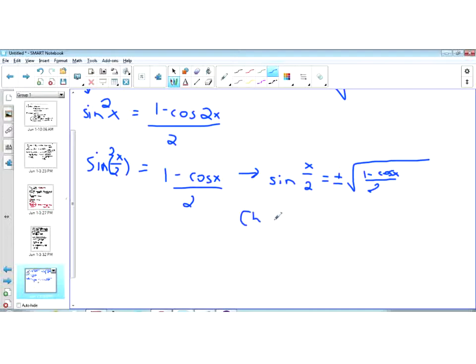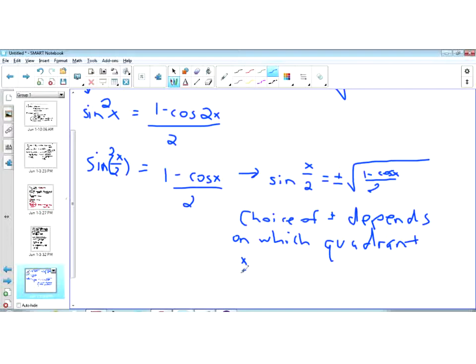So the choice of plus or minus depends on which quadrant x over 2 is in.